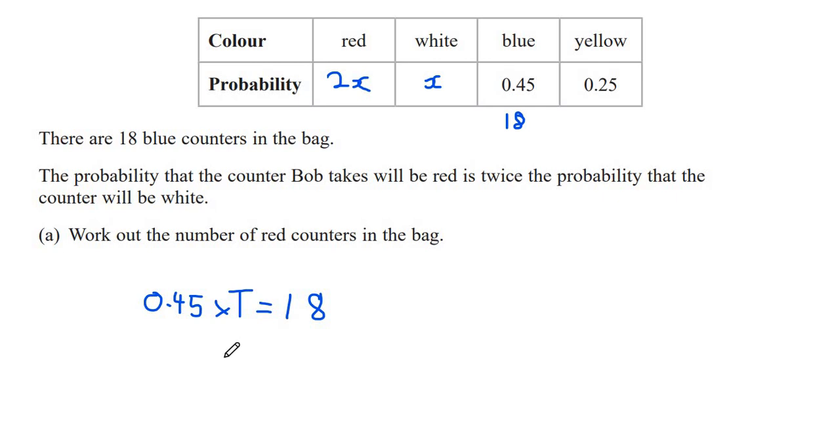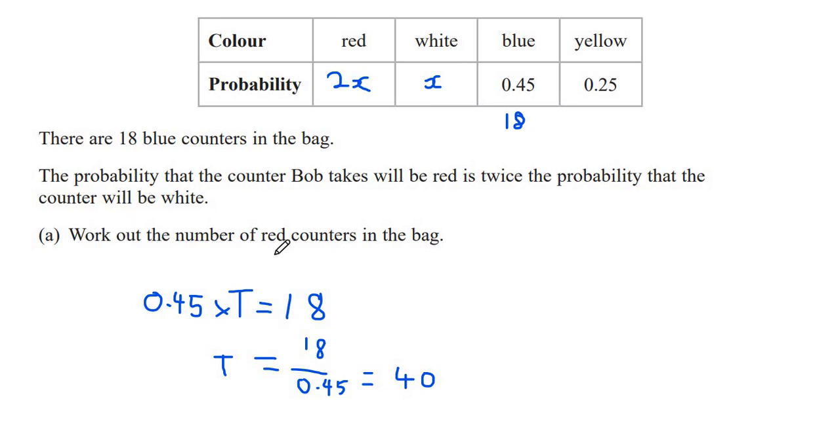So first let's figure out what t is. So the total number of counters, t, will be 18 divided by 0.45, and that is 40. So there are 40 counters in total.